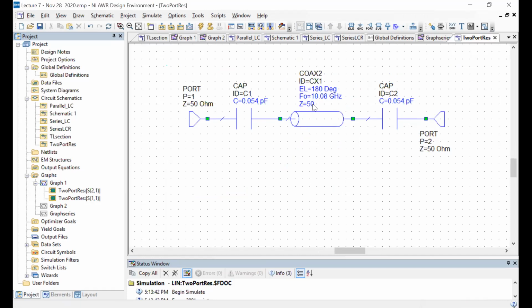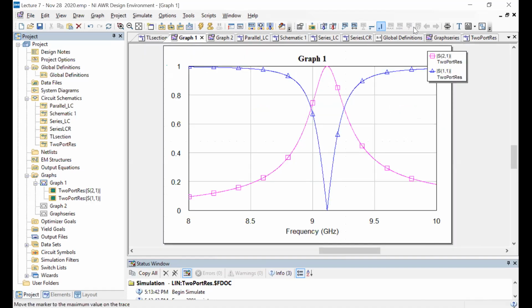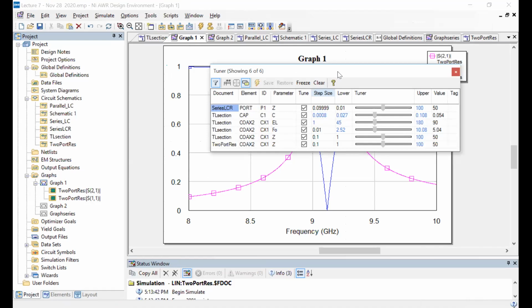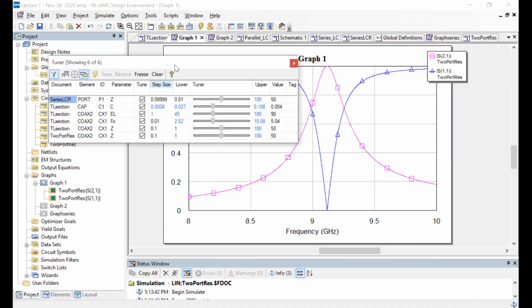So maybe the characteristic impedance of the transmission line being 50 ohms, maybe it is important. So let's try that. Okay, all of these are already under tuning. Maybe let's simplify this. Start with this, go here. Too many things. I think it's this guy here.